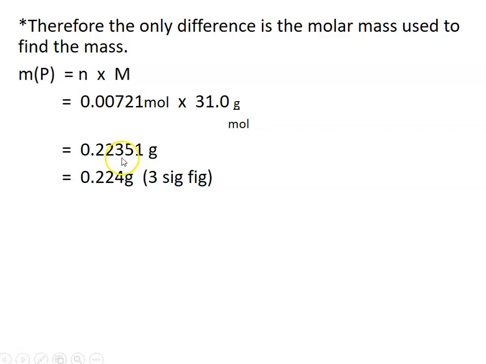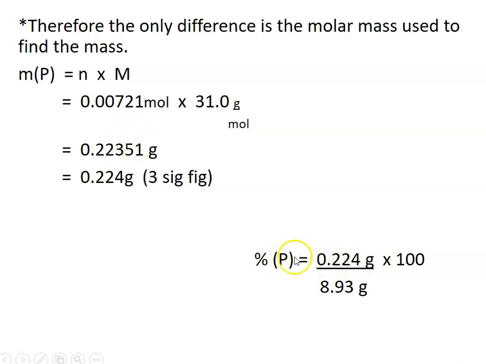So if that was a 4, it would be rounded down to 3. Anything 50 and above will go up, so up to 4 or 400. But I've left off these numbers because we only want 3. Okay, so that's the number of grams of phosphorus.